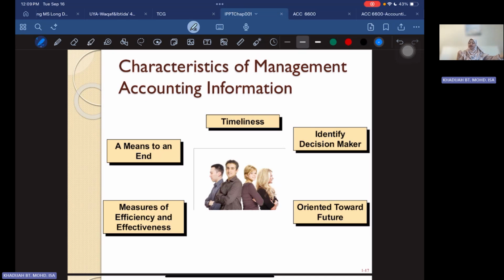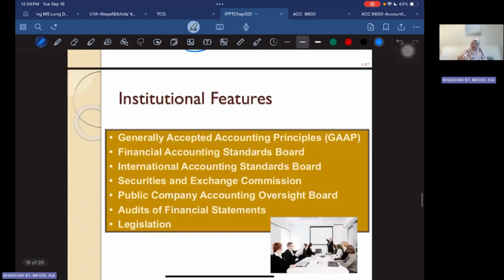All right, identify decision makers, oriented toward the future, and measures efficiency and effectiveness. So this one is very important, to measure efficiency and effectiveness of the operation of the company. All right. So again, these are the inherent features, right?